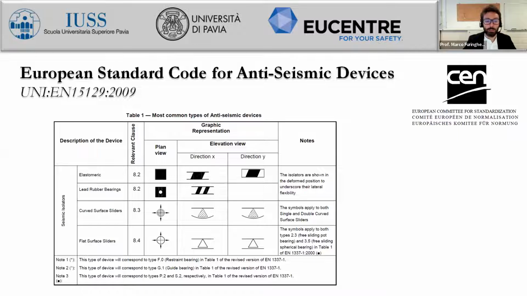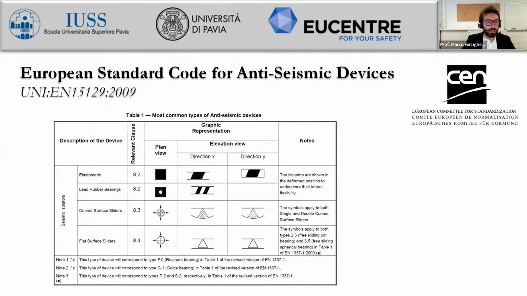So this means that both typologies of anti-seismic devices, the rubber bearings and the lead rubber bearings, will have exactly the same testing protocol in real applications. So we have exactly the same tests to be performed, and we have just to look at the different quantities when we have to do data processing of the return signals by the testing equipment.